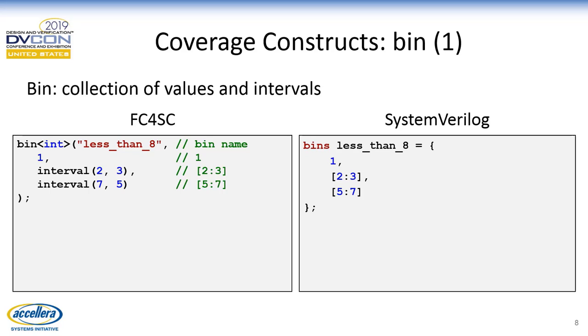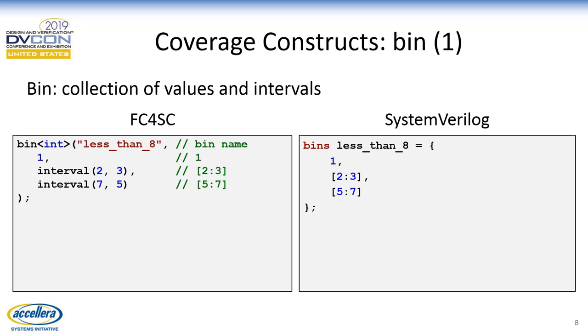Bin is the most basic coverage construct. Before I go into explanation here, the reason for why we have this comparison between SystemVerilog and the functional coverage for SystemC library is to see that the code is actually pretty similar. So I'll only focus on the left part in explaining, but the purpose is to see that they are equivalent in a sense. And a bin is basically just a collection of values and intervals that are of interest to the user.